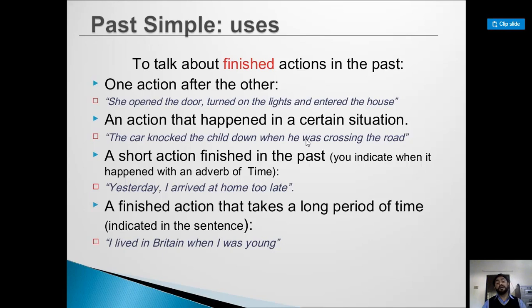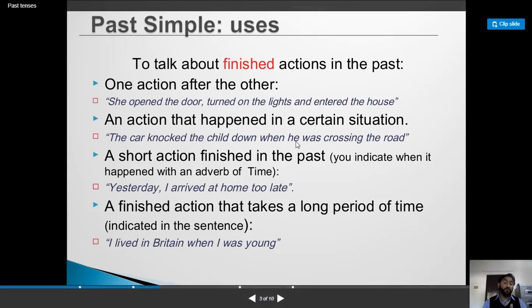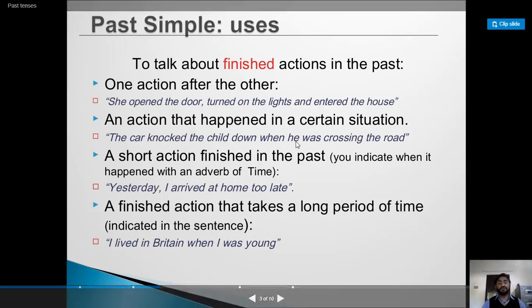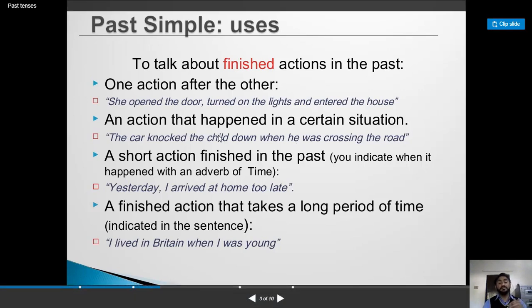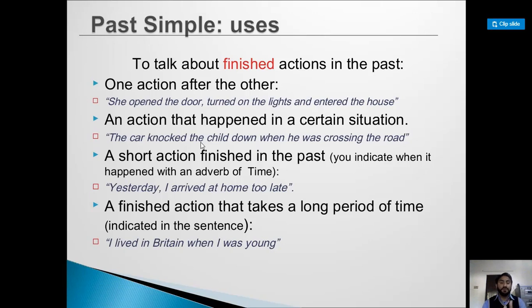The other action which happened during the first action is expressed in past simple tense. Here you can see when the boy was crossing the road, the car knocked the child. It was happening, then the other action happened. So the action which happened later must be expressed in past simple tense.